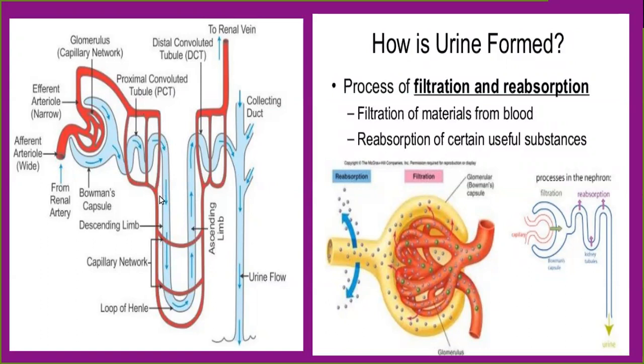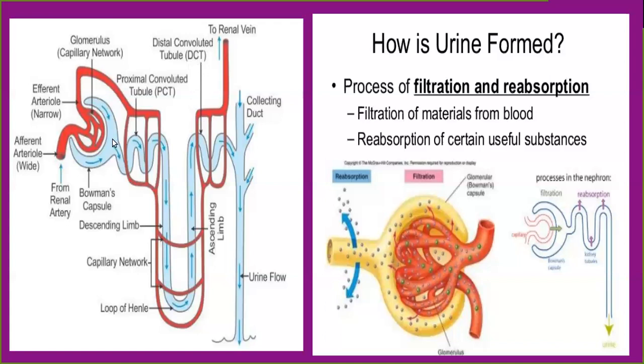This U-shaped tubule we can call the loop of Henle, or Henle's loop. And at the end of the tubule, the region we can call the distal convoluted tubule, or DCT.